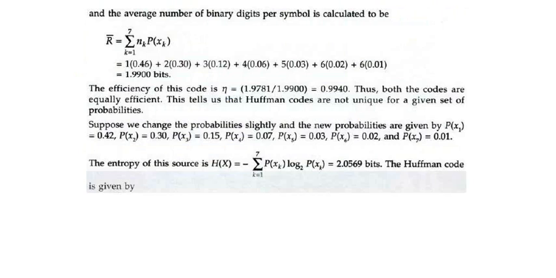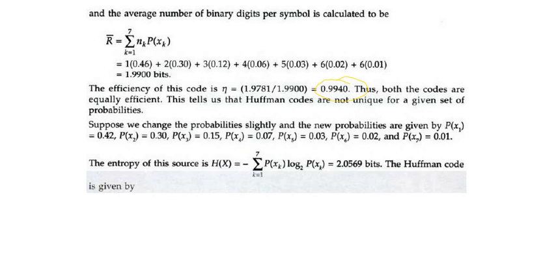Efficiency is defined as H of x divided by R bar. So finally the efficiency we got is 0.9940. So here there is a slight deviation actually.